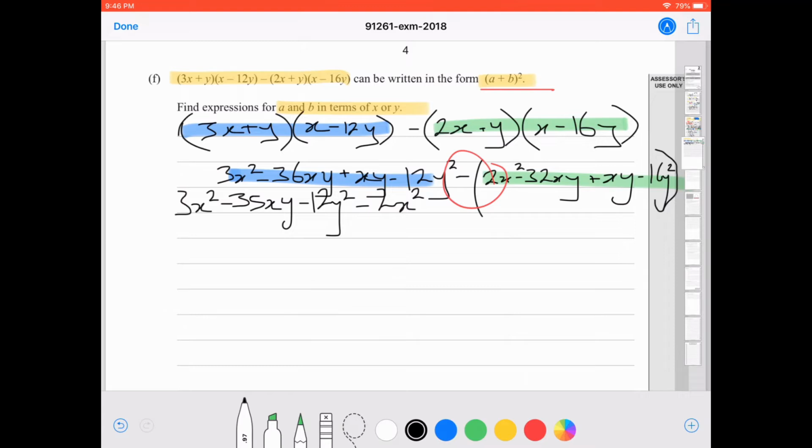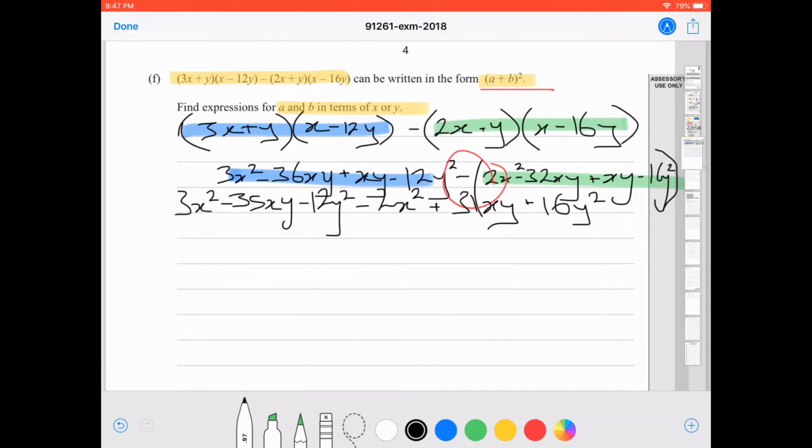And first of all, let's say we've got minus 32xy plus xy, so that's minus 31xy. And that's being multiplied by negative 1, so it becomes positive 31xy. Hopefully that makes sense. And lastly, positive 16y squared.